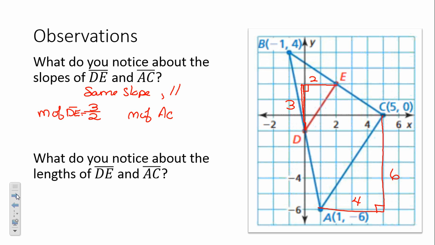Thought you said they were parallel. If I reduce this, it will be 3/2, won't it? Okay, so they are the same slope. They are parallel. What else do we notice about the lengths of DE and AC?